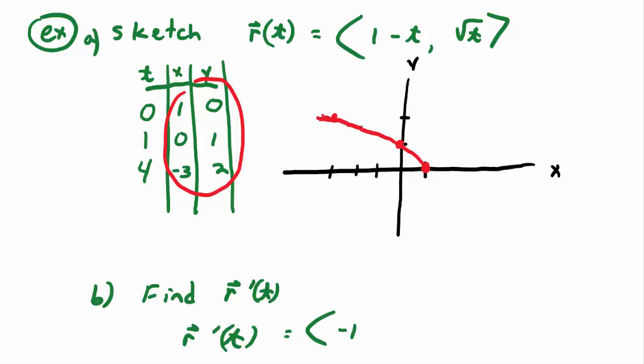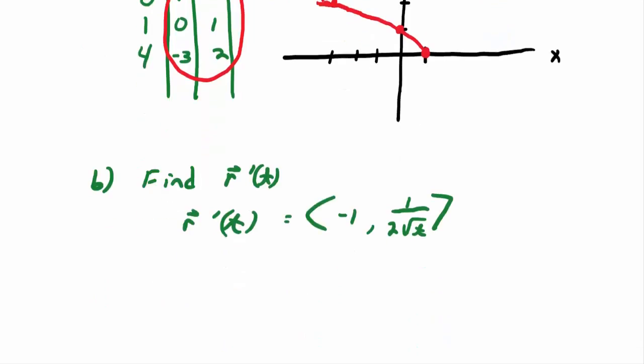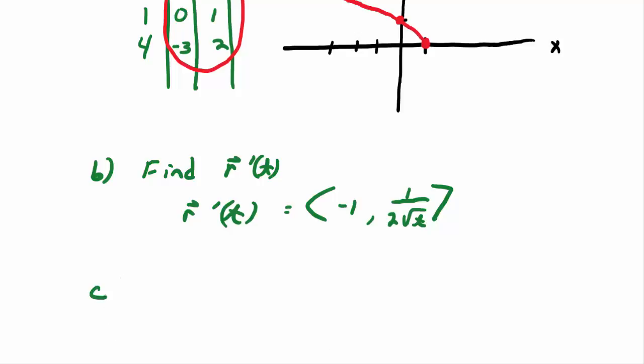Derivative of 1 minus t is -1, comma, 1 over 2 root t maybe? Does everybody believe that? So this is t to the 1/2. Bring down the 1/2, and then subtract 1 from the exponent, which gets you a -1/2 in the exponent. So square root of t as a factor in the denominator. Okay there?